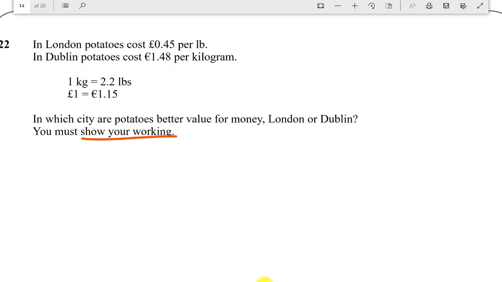Now, before we compare, we need to convert them into one unit, so we need to convert the pounds into kilograms or kilograms into pounds. Always change it to the same unit and same currency so they can compare. Let's change Dublin and leave London as it is, which is 45 pence per pound.